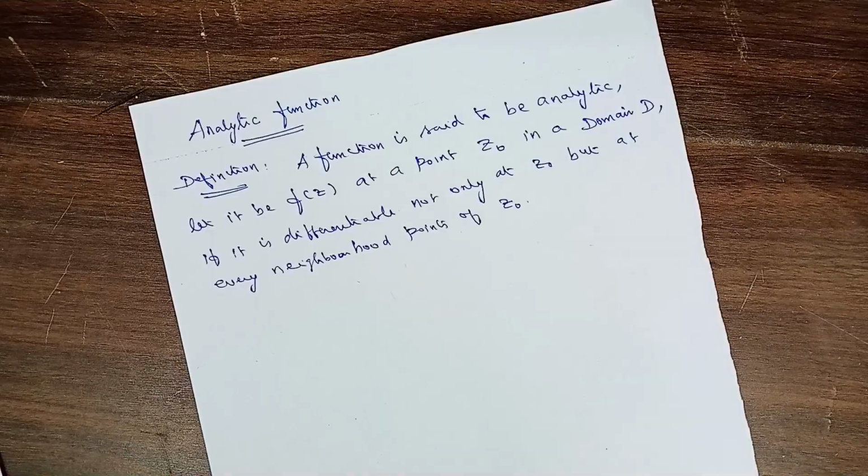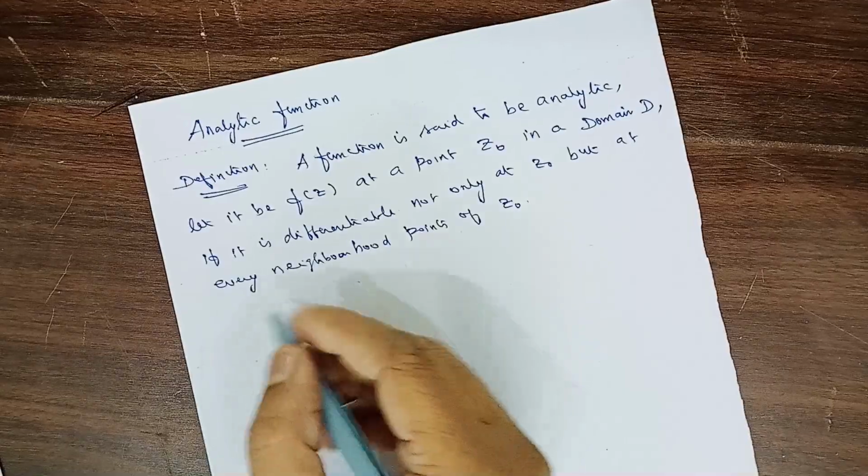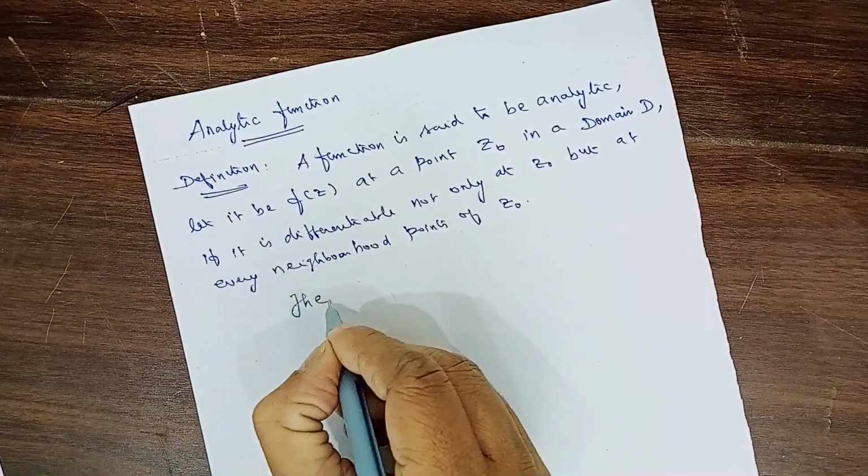A function f of z is said to be analytic at a point z0 in a domain D if it is differentiable not only at z0 but at every neighborhood point of z0. Also we should know another definition called the singular point.